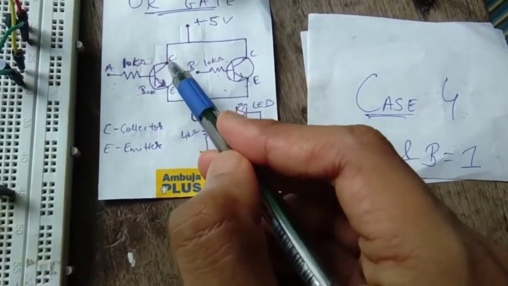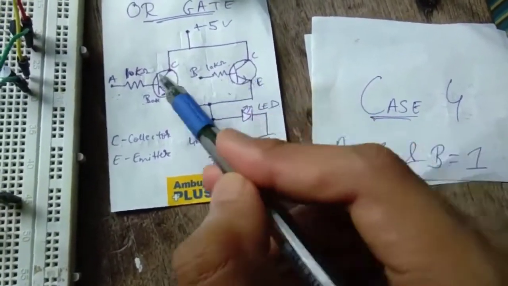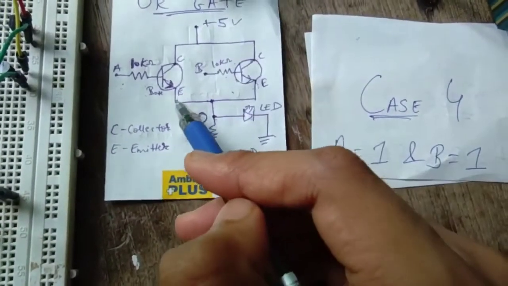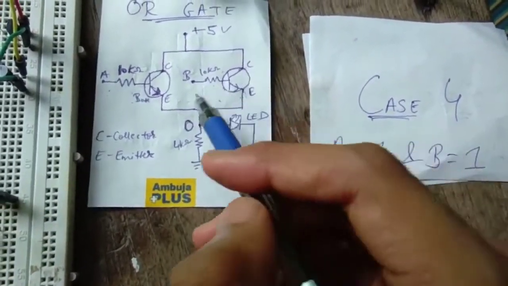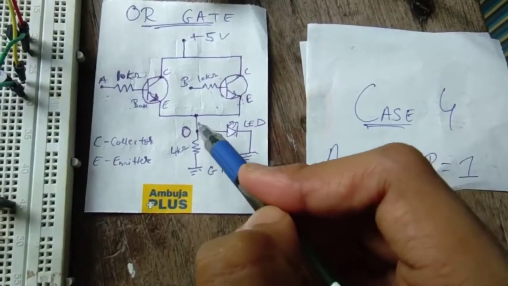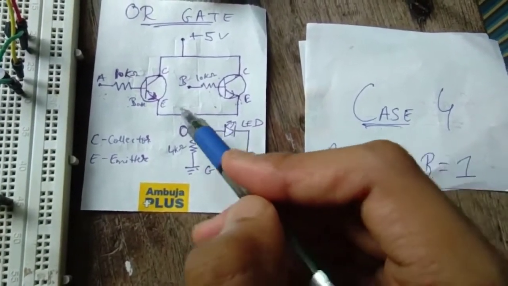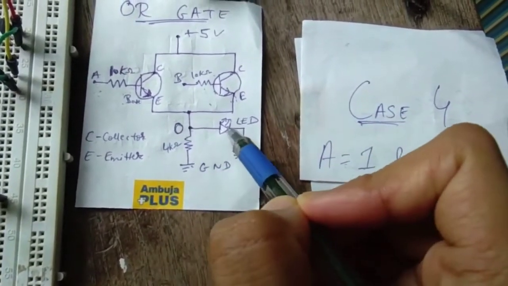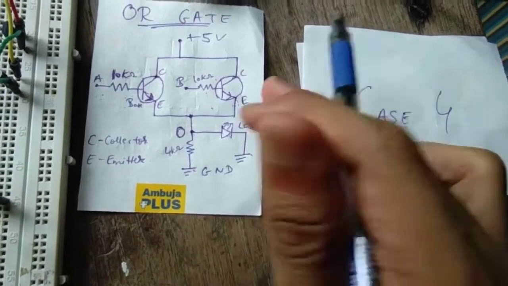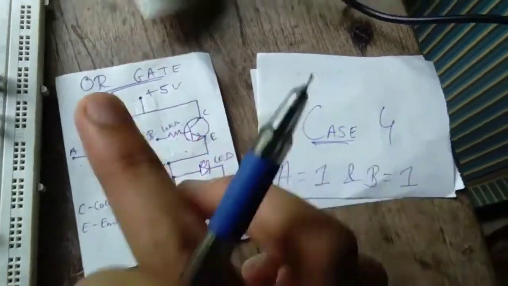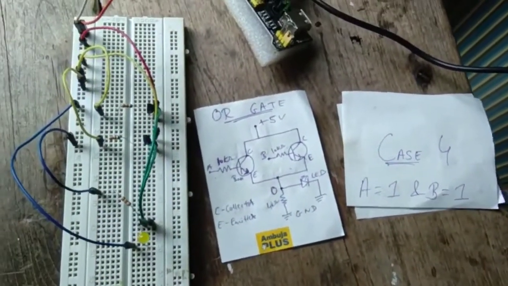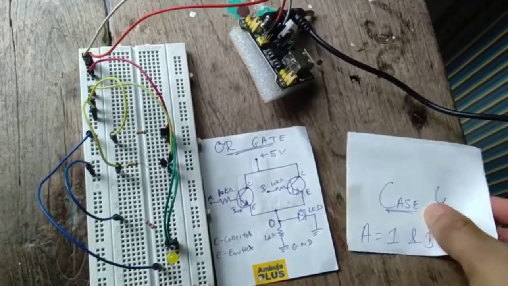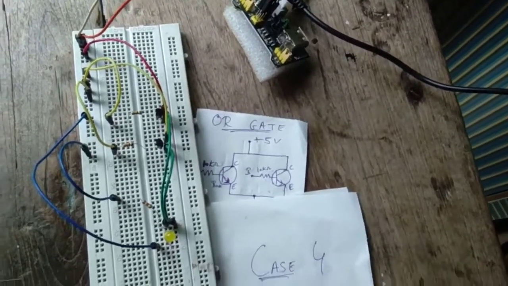So there is a connection between collector and emitter terminals for both the transistors. Both the emitter terminals are receiving high input, and hence this output terminal and the LED are also receiving high input. So the LED will be on in this case also. Hence this all makes the connection for an OR gate using 2 NPN transistors.